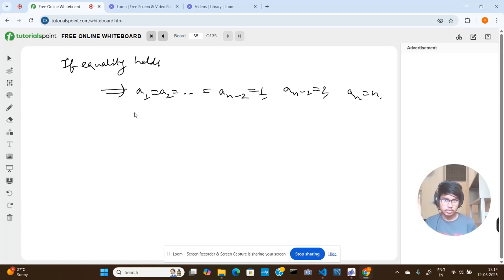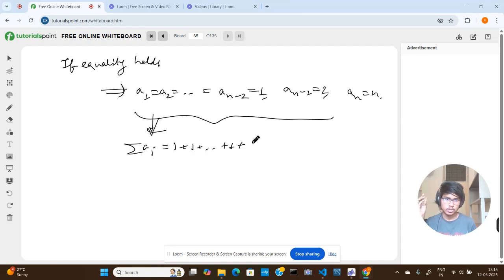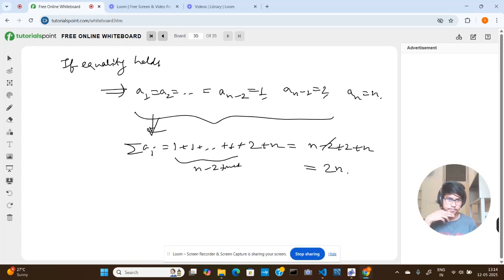Now let's check. Does equality occur in this case? The sum is equal to 1 plus 1 so on plus 2 plus n, with the ones taken n minus 2 times. This is equal to n minus 2 plus 2 plus n, which is 2n. And the product of the ai, you can say all of them are equal to 1 except an minus 1 which is 2 and an which is n.